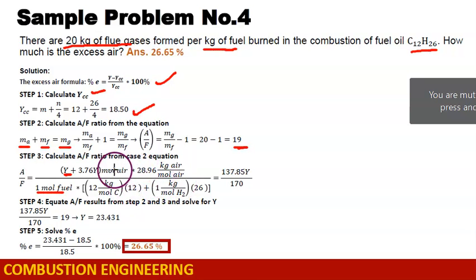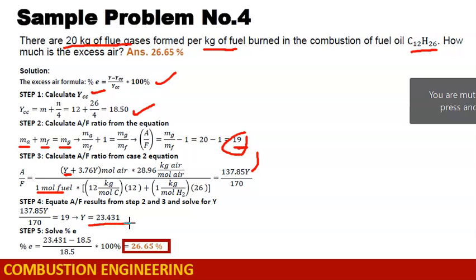If we simplify this equation, 137.85y divided by 170 equals the air-fuel ratio. So we equate 19 to this equation so that we can solve for y, and y is 23.431.